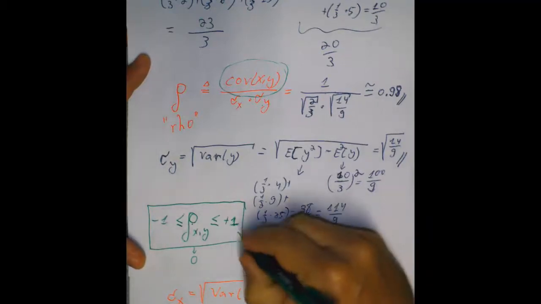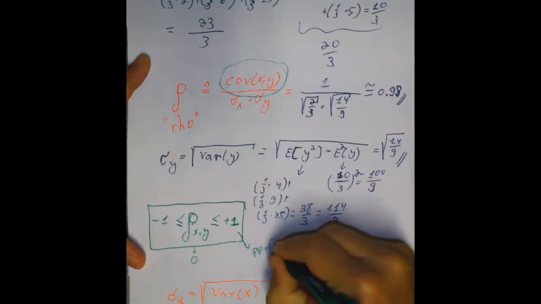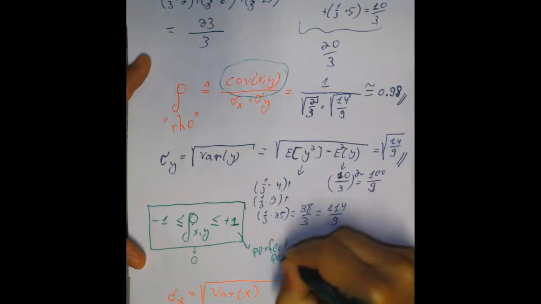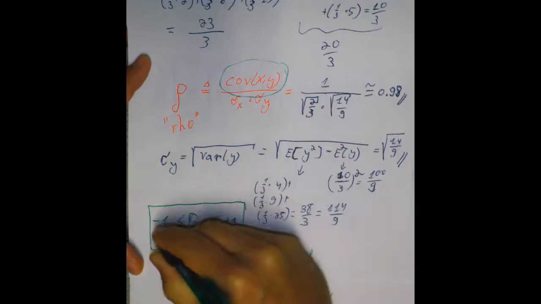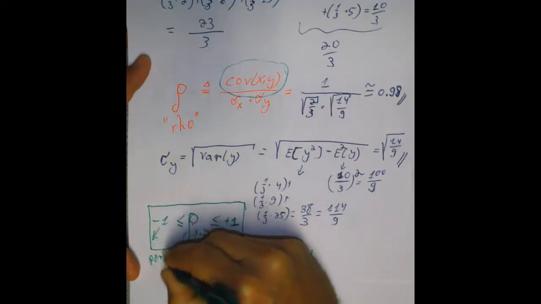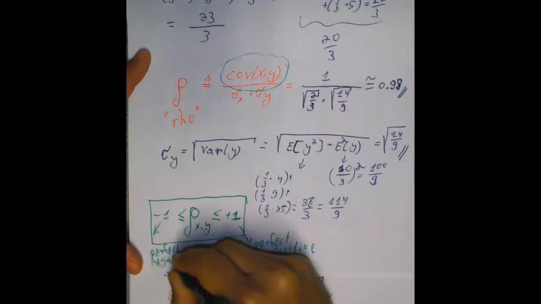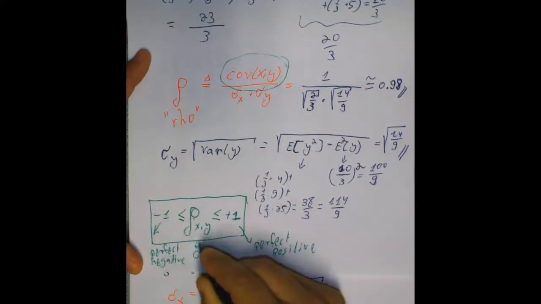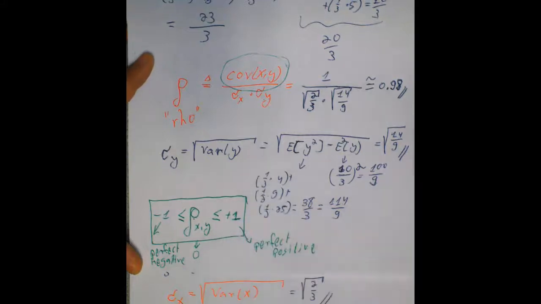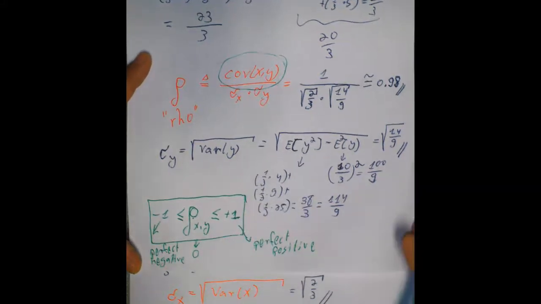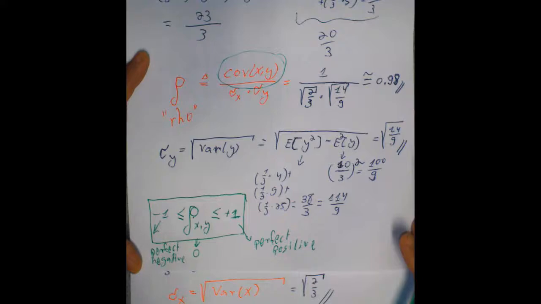So just remember, this is perfect positive. This is perfect negative. And when rho is exactly equal to 0 in the middle, we say that the two variables are random, or they have absolutely no correlation between them.